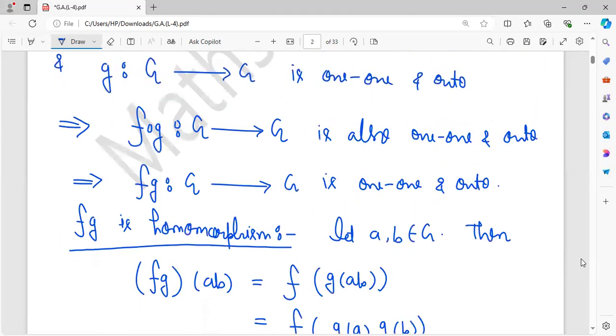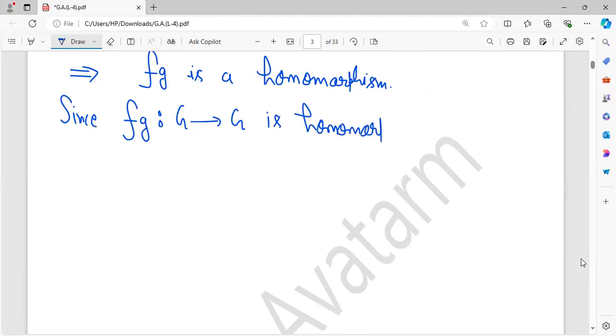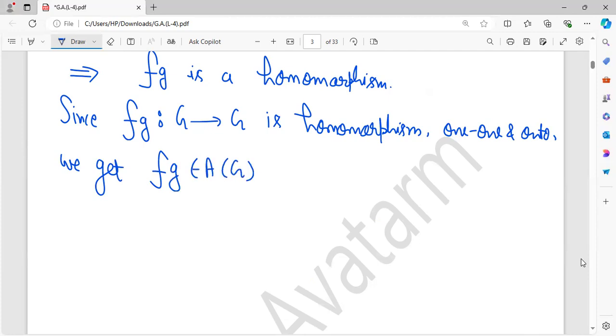So what we have actually: since fg from G to G is a homomorphism, and it is one-one and onto, we get fg belongs to A(G). f and g belong to A(G) implies fg belongs to A(G).